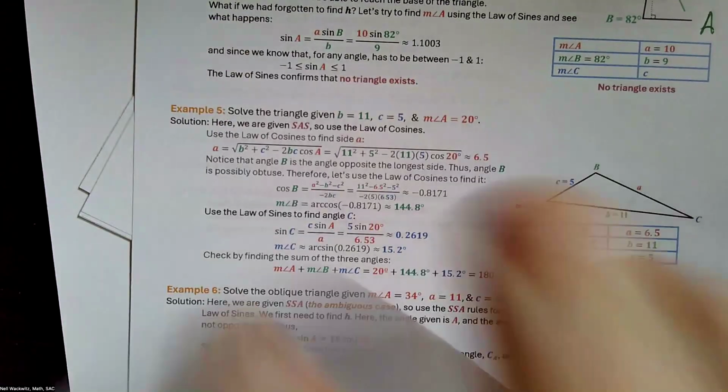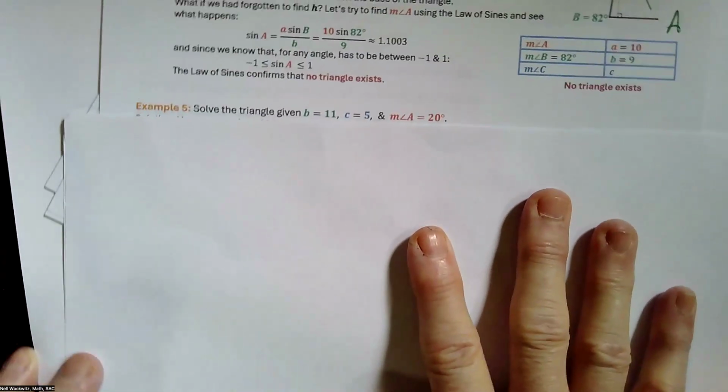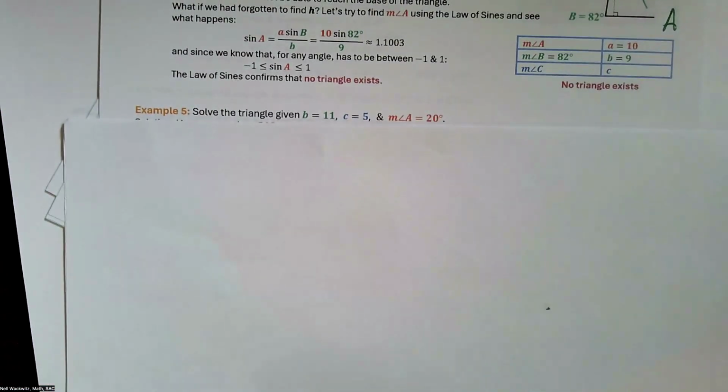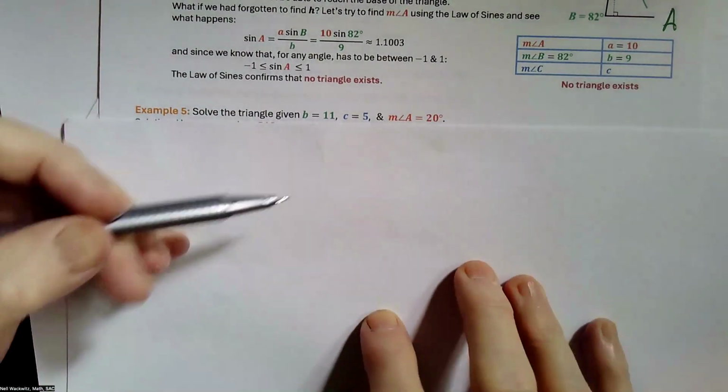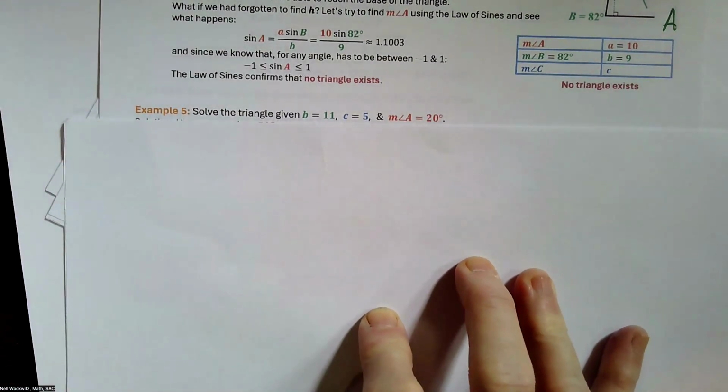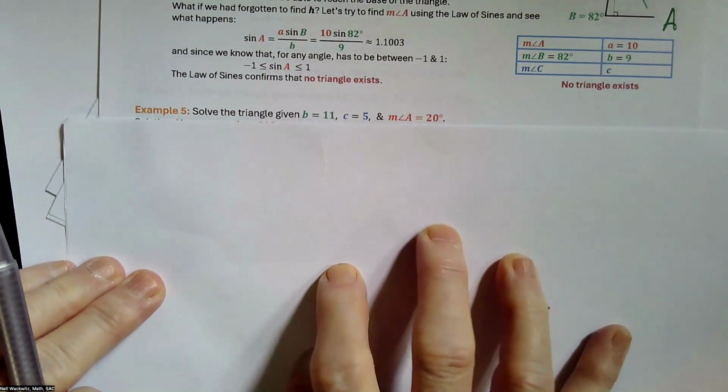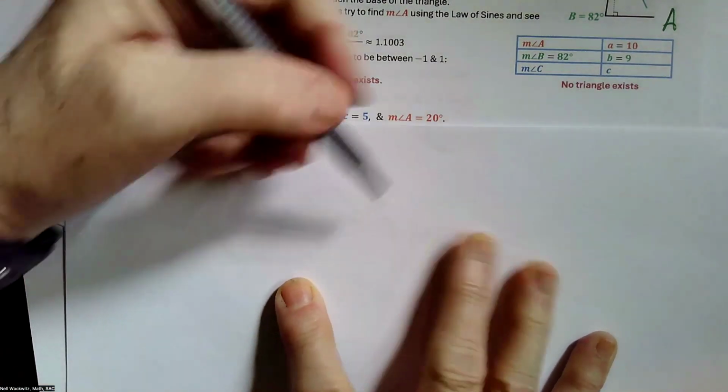Okay. On a clean piece of paper. All right. Solve a triangle given that B is 11, C is 5, and the measure of angle A is 20.